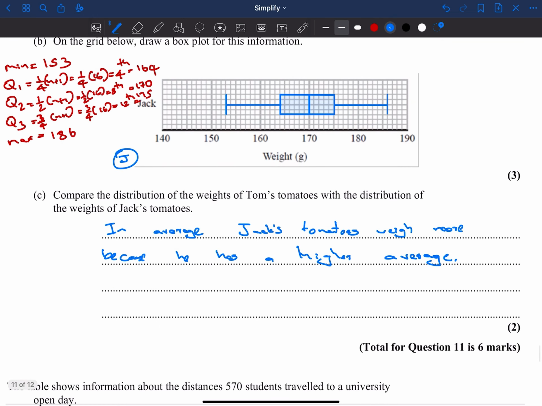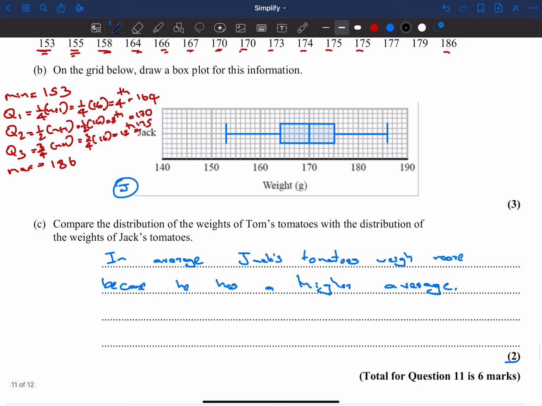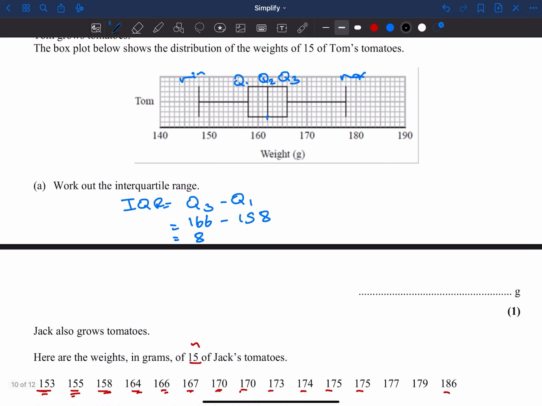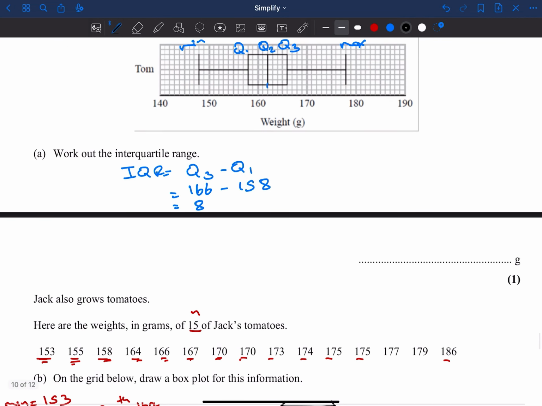That's the first point, because it's a 2 mark question, remember, always. The second point is you look at the interquartile range. The interquartile range is Q3 minus Q1, if you want. If you want to look at the diagram, it's the length of this whole rectangle. Which rectangle is bigger? But no, you don't want a bigger rectangle. Remember, you want a smaller IQR. So Tom has a smaller rectangle.